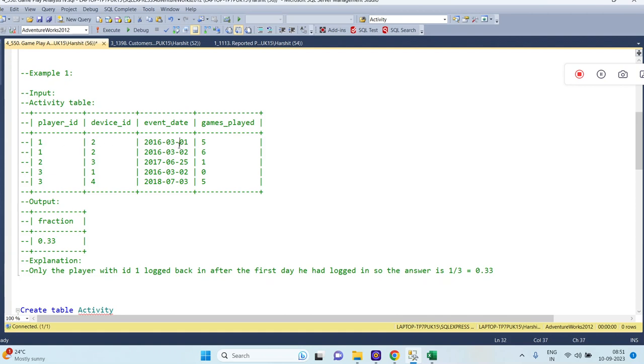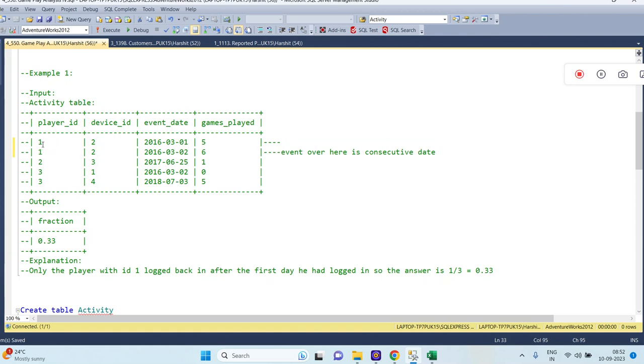Because the login date will be a consecutive date, or you can say the event date over here is a consecutive date, right? Over here and over here, actually over here only. So now this is the player.